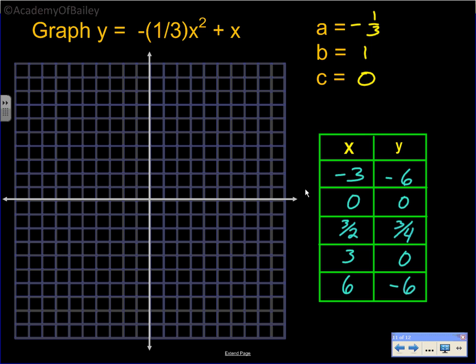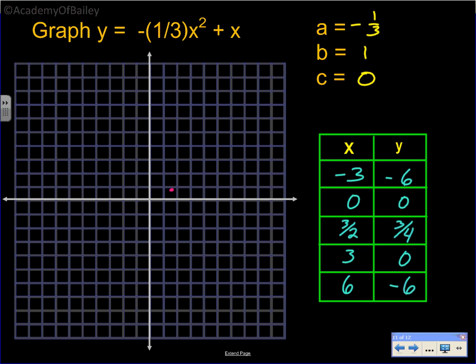That looks better. So let's go ahead and graph these. The vertex is really the one that's the most difficult to graph. It's 3/2, 3/4. So 3/2 is like 1 1/2, and 3/4 is kind of like just above a half but below a whole. So it's that little point right there. 3/2, 3/4.